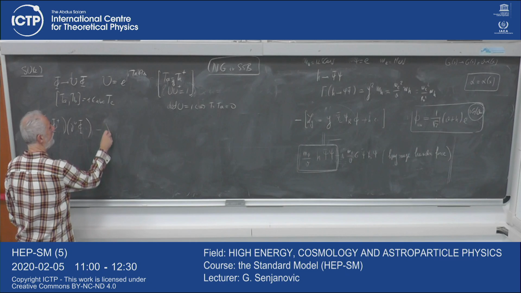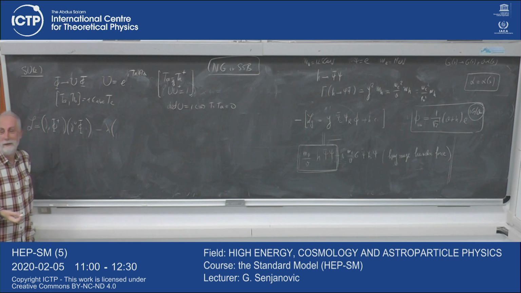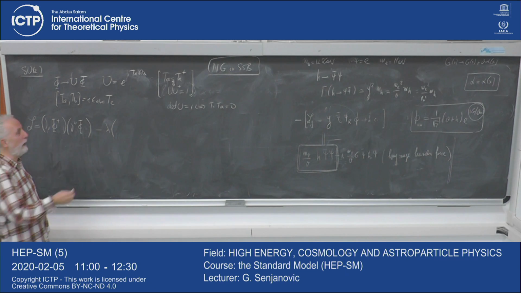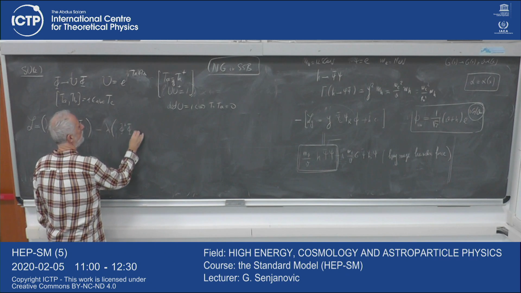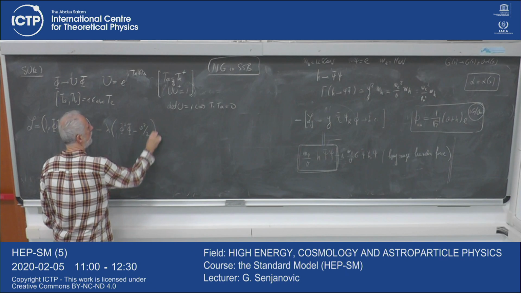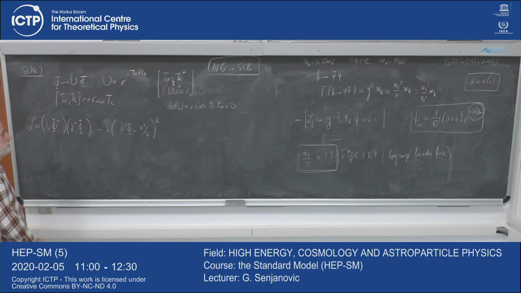Okay, minus lambda. Now you can tell me. First I wrote phi squared, then I wrote phi star phi. So now I'll write phi dagger phi minus v squared over 2 squared. Basically the same Lagrangian.